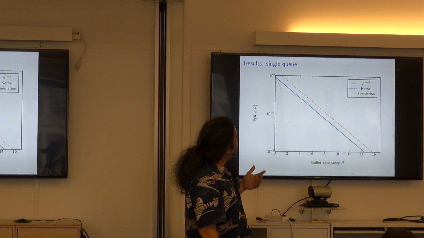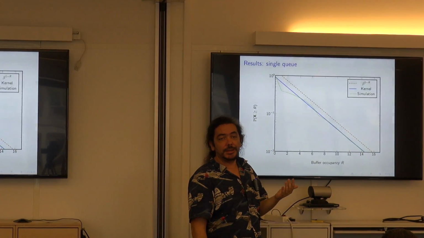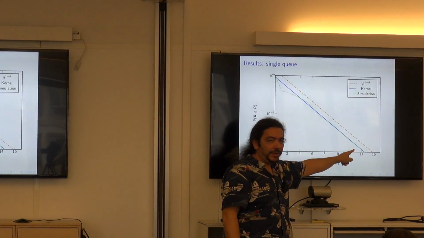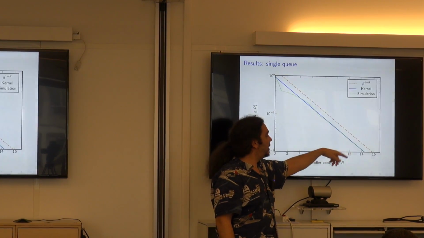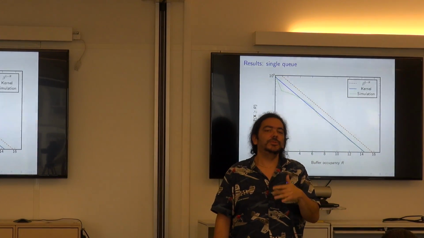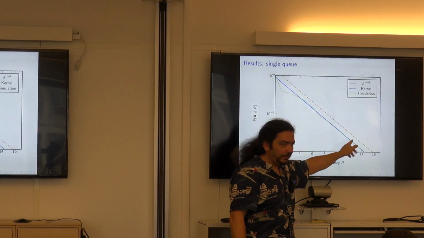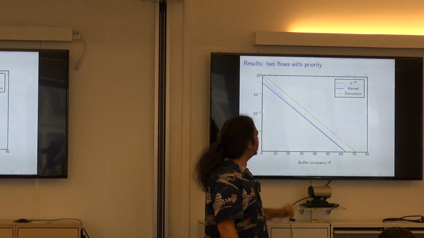So we're quite happy because, okay, initially we don't have a good estimate because it's an asymptotic behavior, but we fit perfectly for large occupancies. And this is important because we don't have just the slope. We also have the factor to estimate precisely the performance.